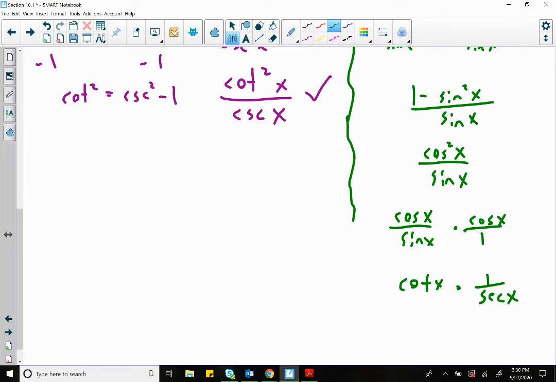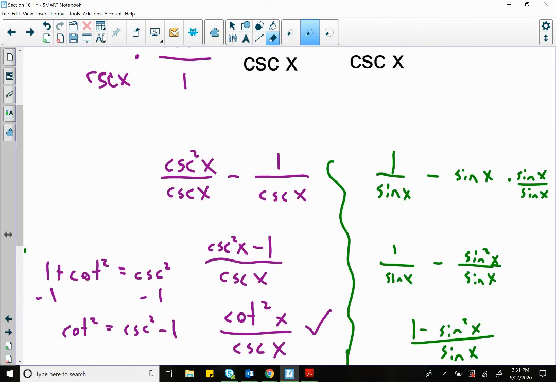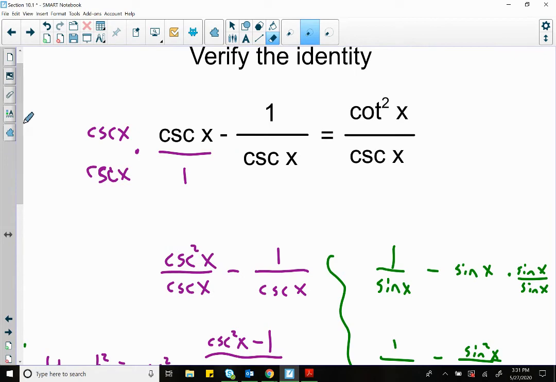Okay, I know what happened. This is one of those tricky things where I've got to match this side over to the other one.